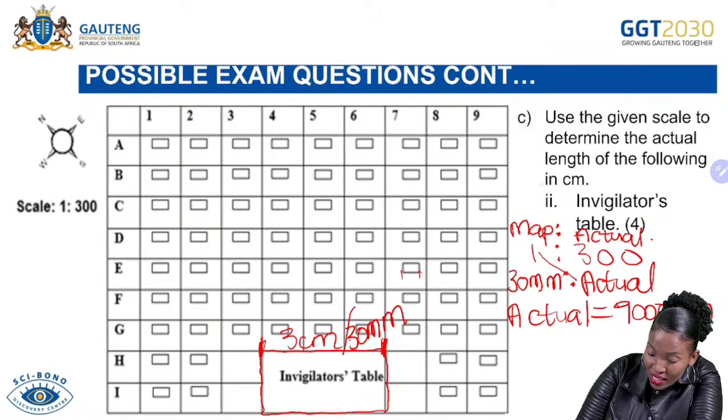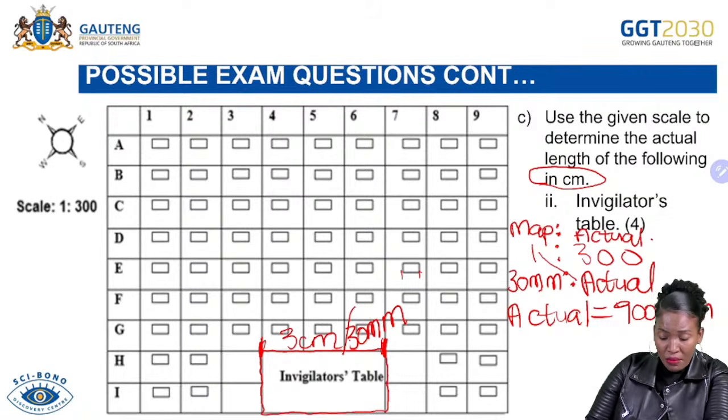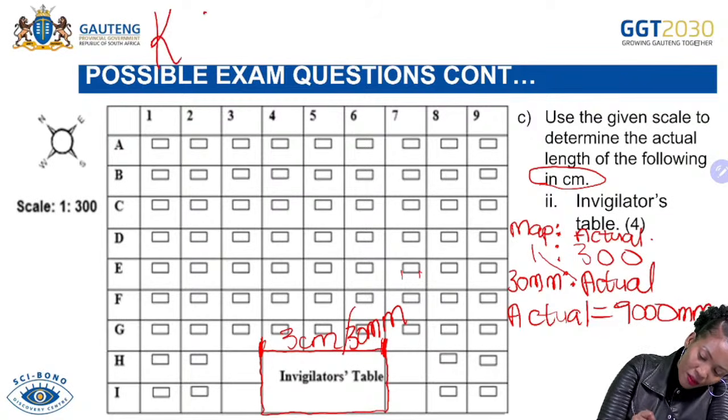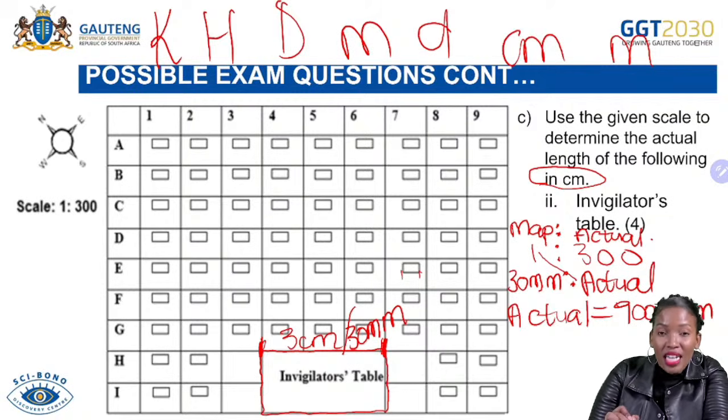They want the total length in what? In centimeters. So again, we're going to have to convert this millimeters to centimeters. What is the conversion factor between millimeters and centimeters? That is where King Henry died miserable death called measles come in.